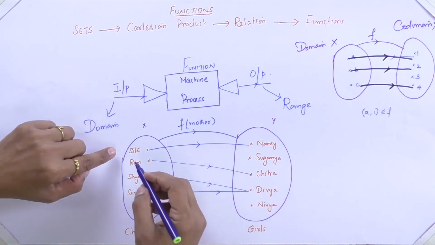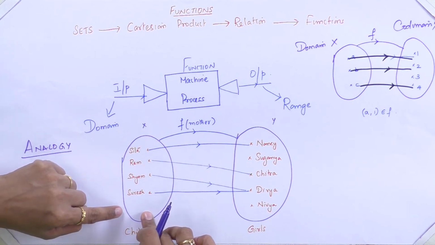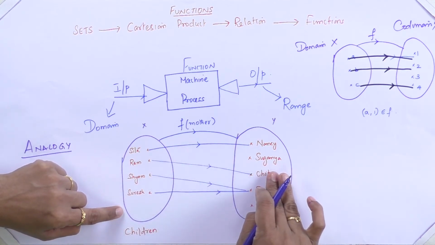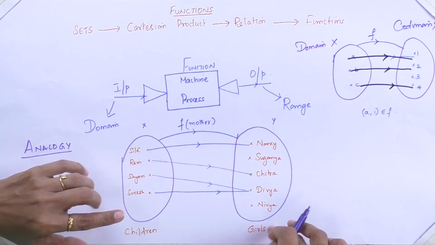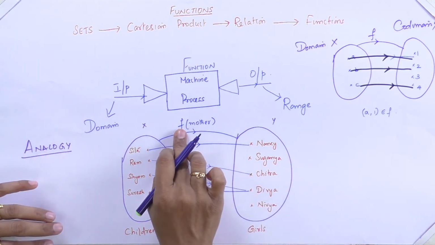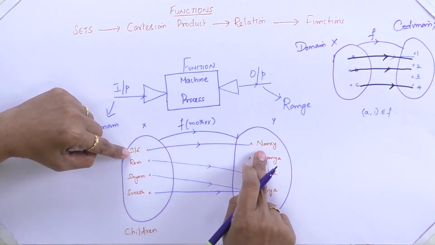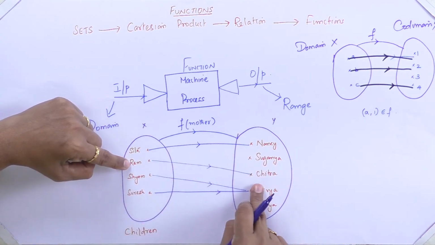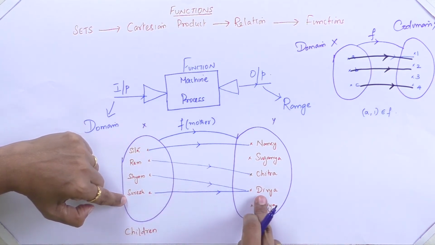So now see here, this is a function. Each and every element of my X has been mapped onto my codomain set of girls, and the function is nothing else but mother. So Sita's mother is Nancy, Ram's mother is Chitra, Shyam's mother is Divya, and Suresh's mother is also Divya.